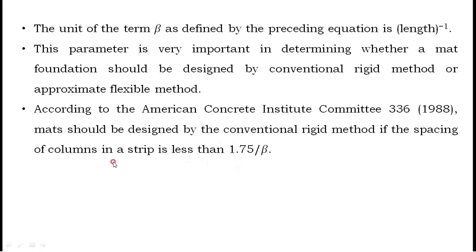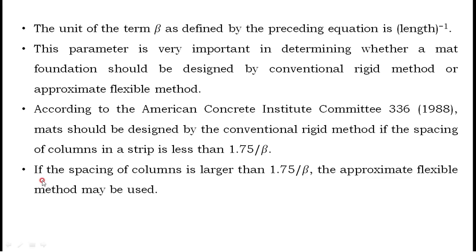If the spacing between the columns in a strip is less than 1.75 by beta, then you go by the conventional rigid beam method. Otherwise you go by the elastic half space method, Winkler's method, approximate method or spring method. If the spacing of the columns is larger than this, then the approximate flexible method may be used.